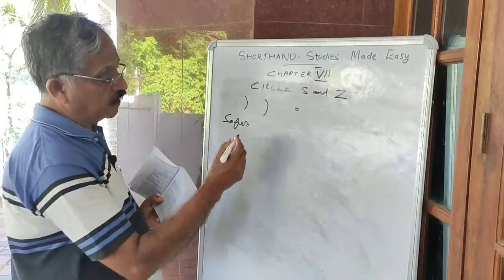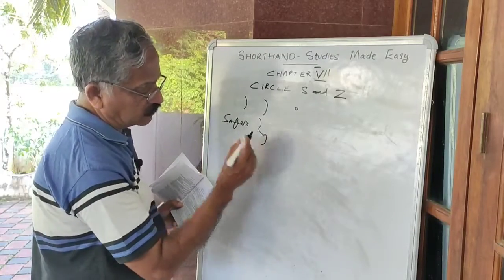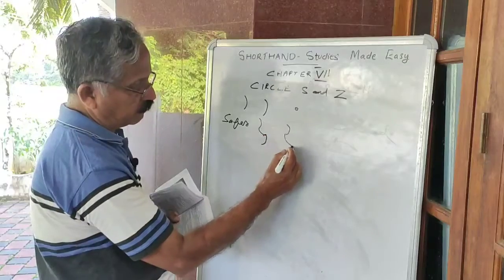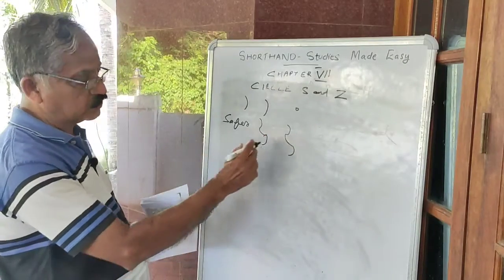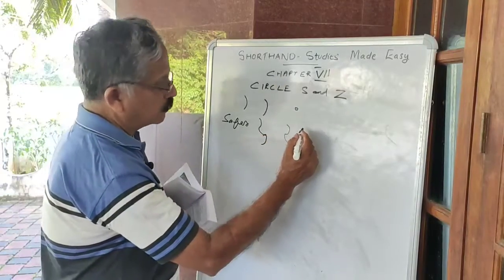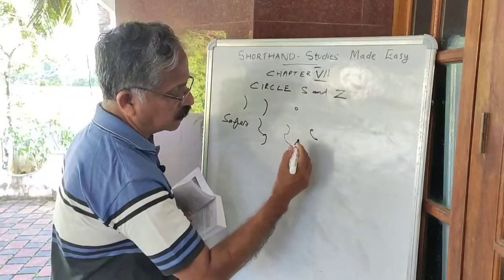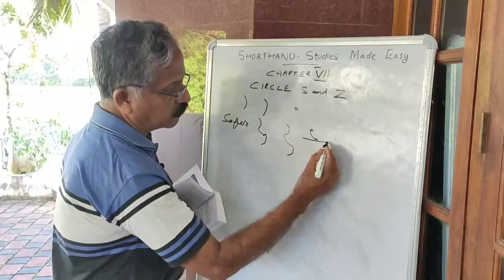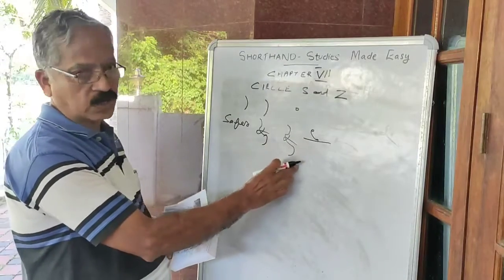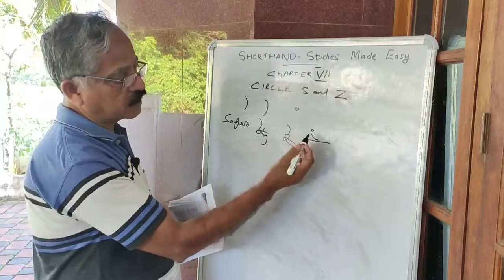Instead of writing three outlines, S, F, S, we can write save, then a small circle, saves, on the line. This is wrong. These three consonants are made shorthand like this.